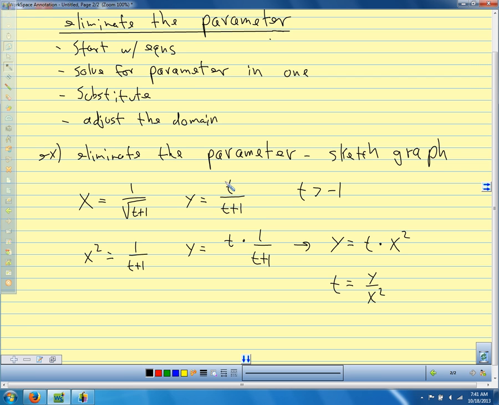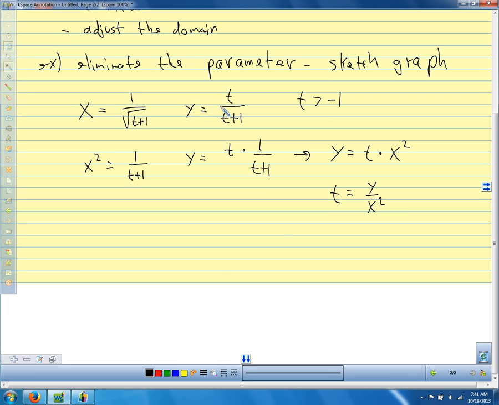Now I can substitute that in here for t. Usually we want y equals to sketch our function. So I'm going to substitute that in here, and I get y equals y over x squared over y over x squared plus 1.